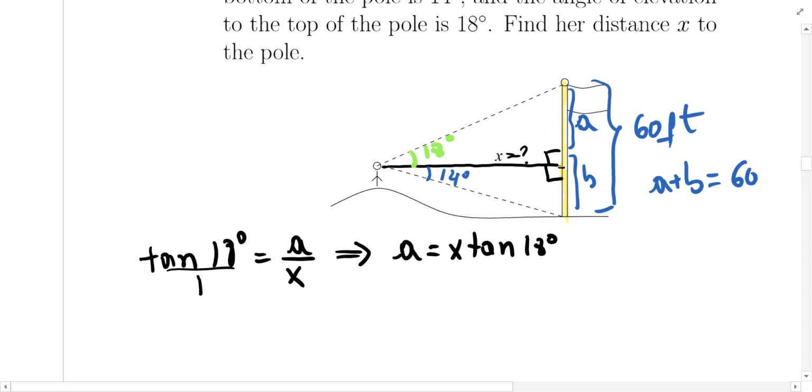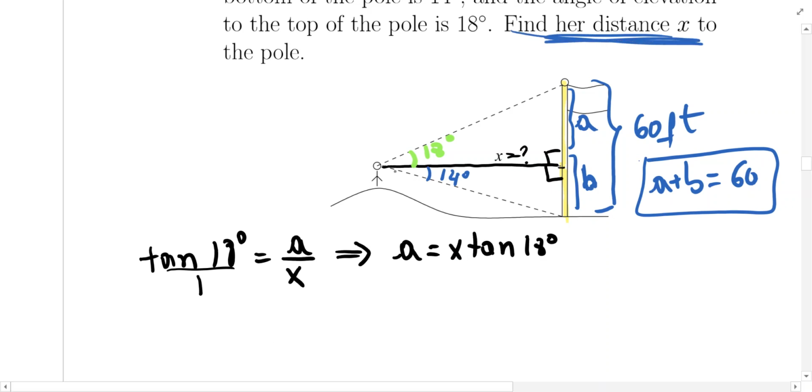Okay, now let's look at the bottom triangle. From the bottom triangle, I can solve for B now. The reason I'm doing this is because I have that A plus B equals 60. So if I solve for A and I solve for B in terms of X, then when I add them to get 60, I'll be able to find X, which is what I need to find to solve the problem.